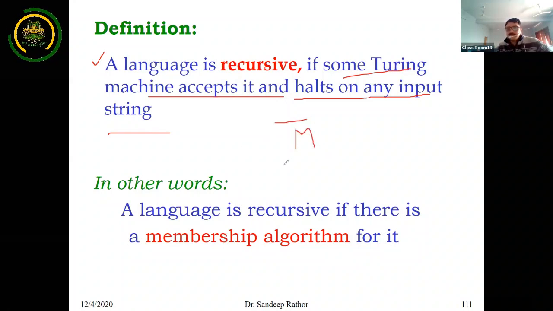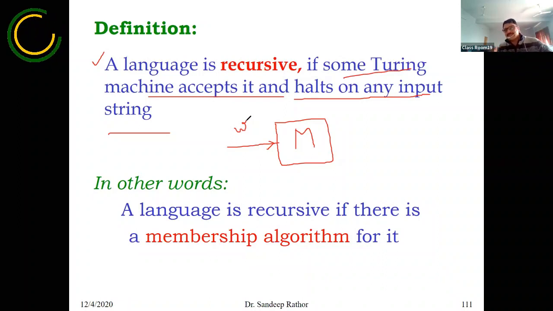Suppose this is the Turing machine. If you pass the input W, any string, to it, you can draw the diagram also, which will help you understand the working of recursive. Here M is the machine and W is the string passed to the Turing machine. After the execution, your machine will give you an answer. It may be accepted or it may be rejected.